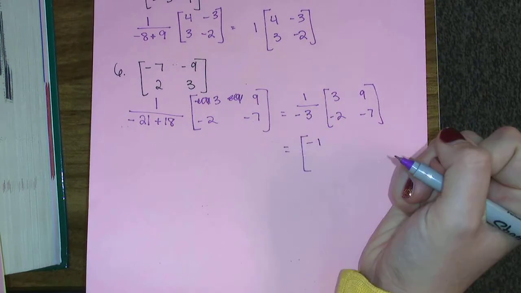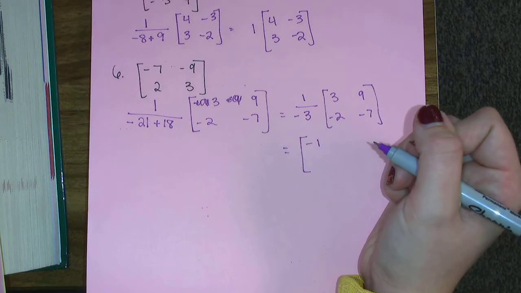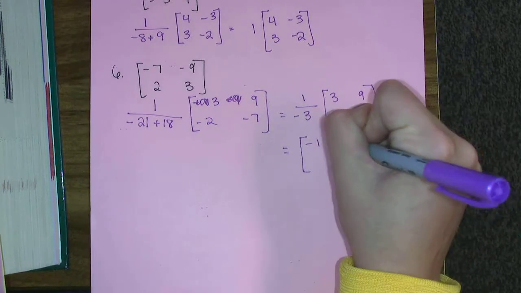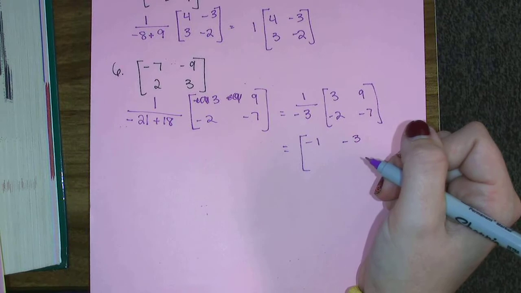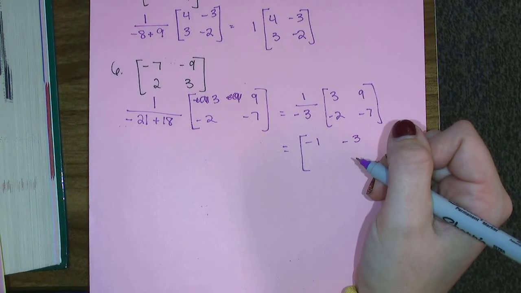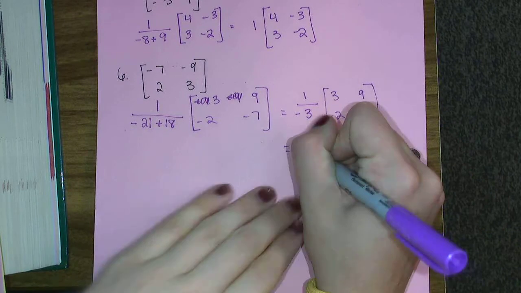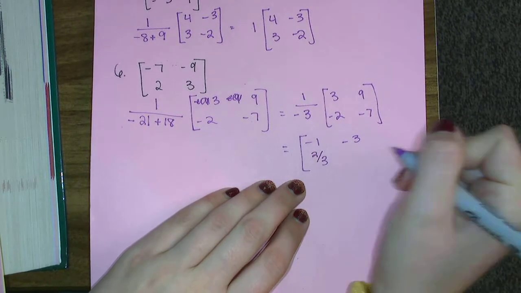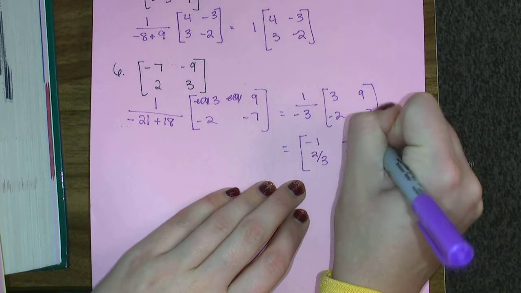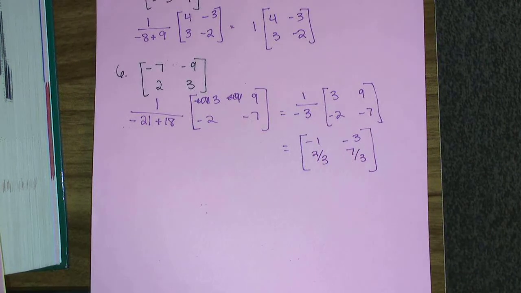Make sure you have the sign with it, negative. And then you're done. You don't have to do anything. Once you get the fractions, you're done. Obviously they won't always be fractions.